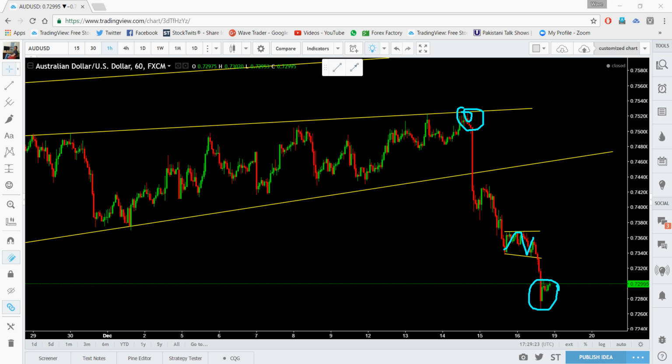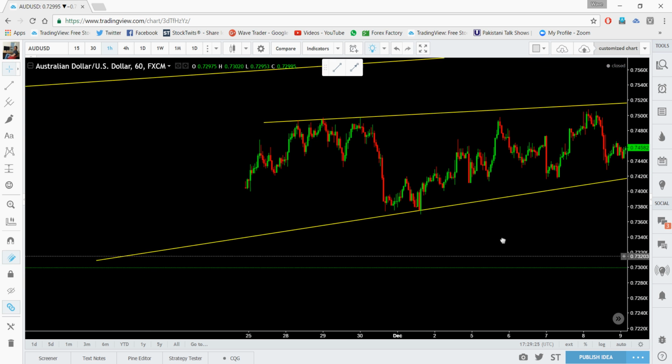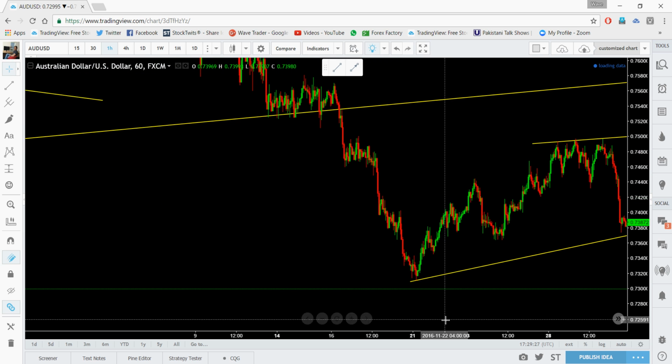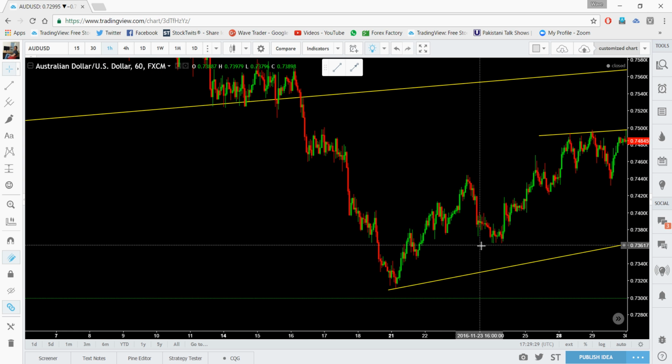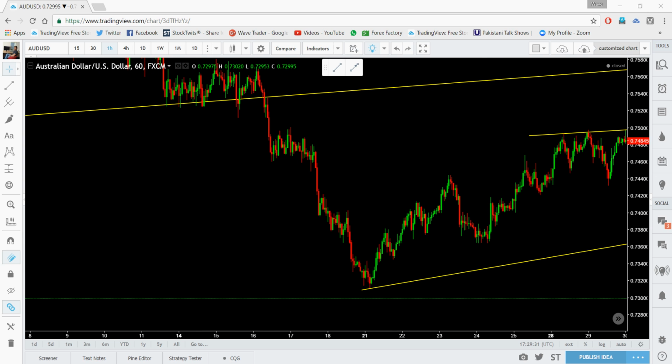If we see impulsive price action here, then we will look for the exit, and then we will look for the upside. So this kind of impulsive sign: you guys can see an impulse, and then it started to form a trend continuation pattern, and then price started to rise again, formed a trend continuation pattern, started to rise. So we will watch this kind of price action over there.